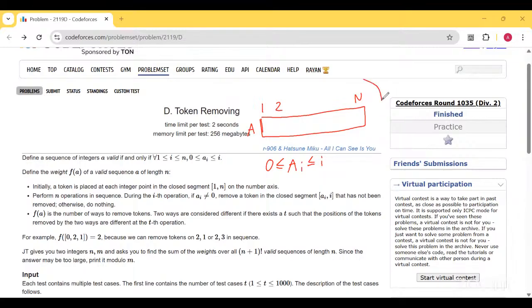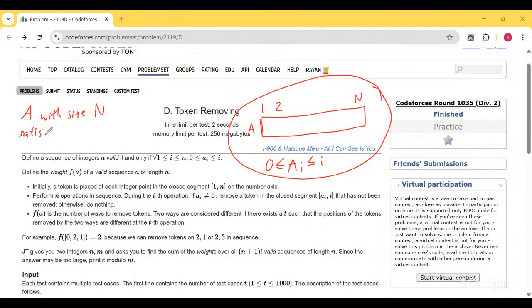So do you know how many possible arrays satisfy this condition? How many arrays A with size exactly n satisfying a_i less than or equal to i? Yes, n plus 1 factorial.